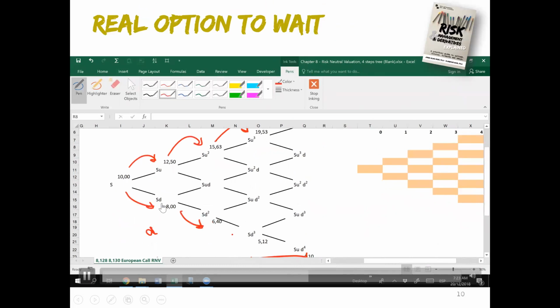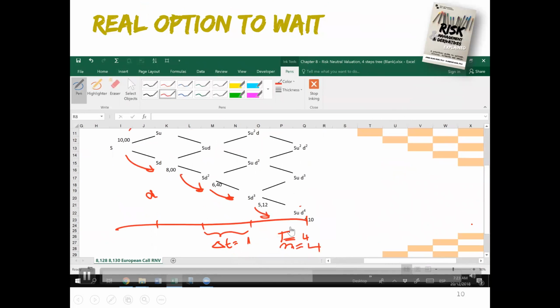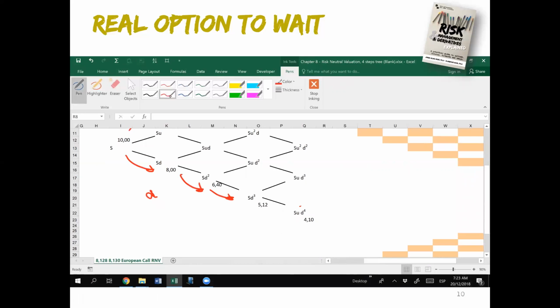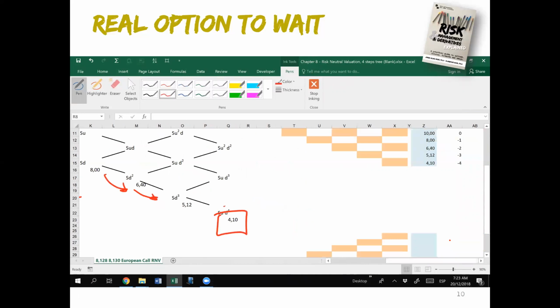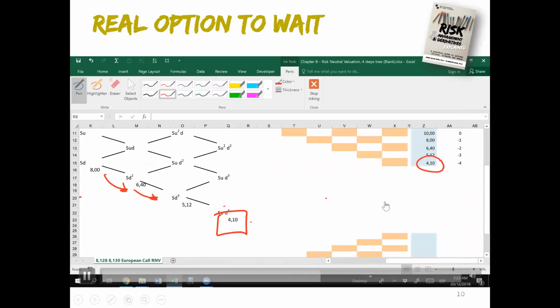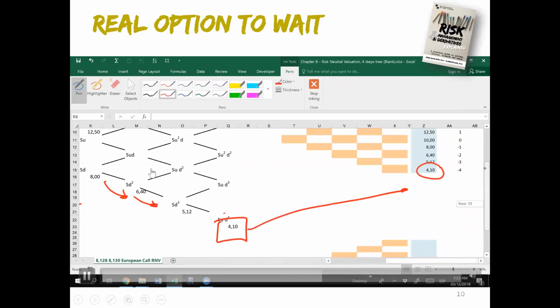And then if we go down by D, the price will go from 10 to 8, 6.40, 5.12, 4.10. So those are the borders of the tree that we have in the light blue cells. That's all we need. We don't need the others.